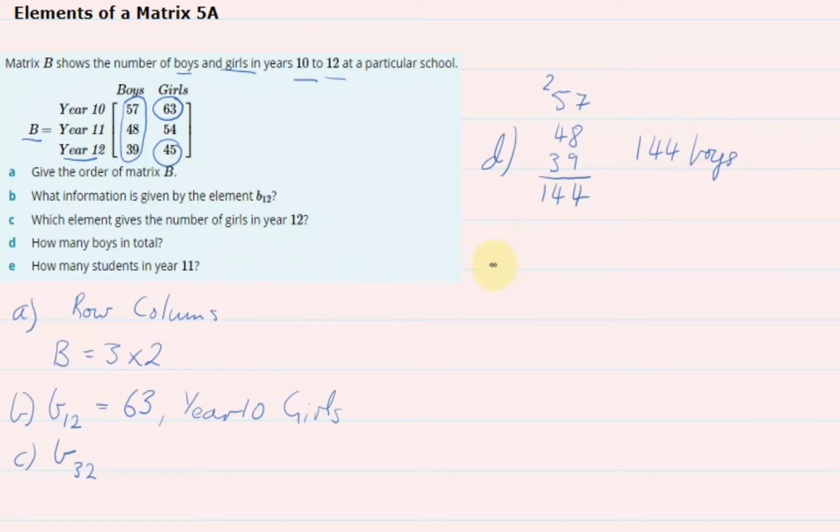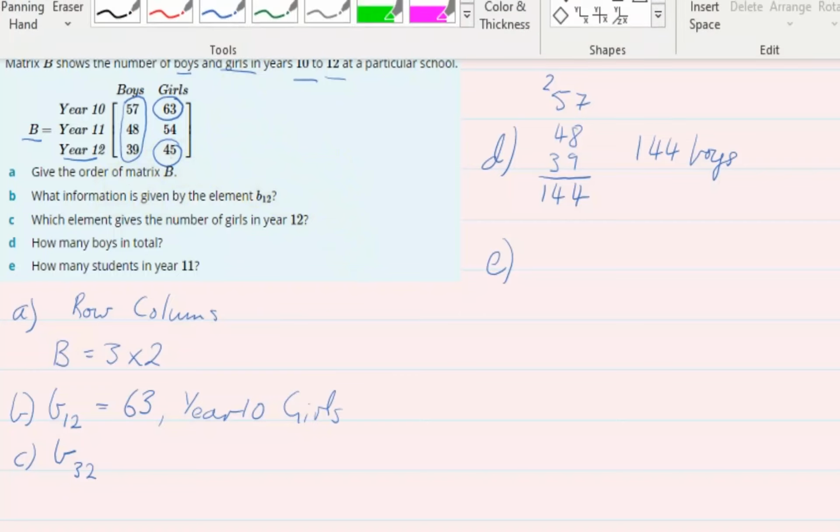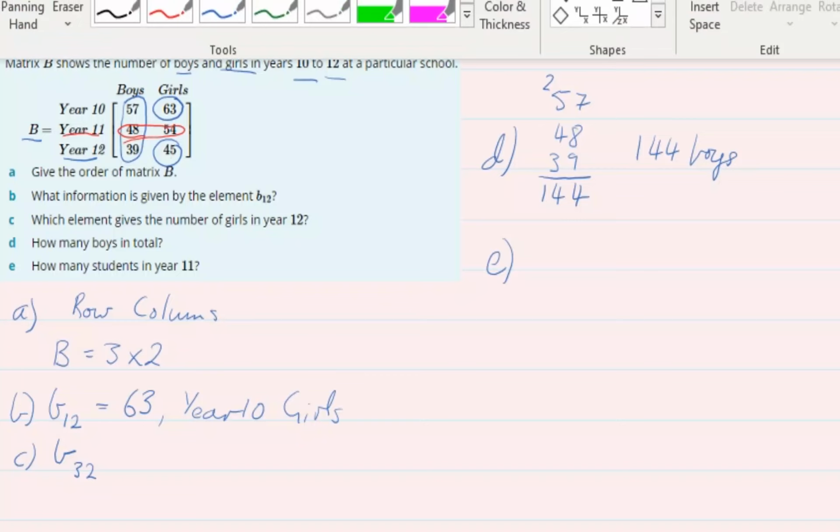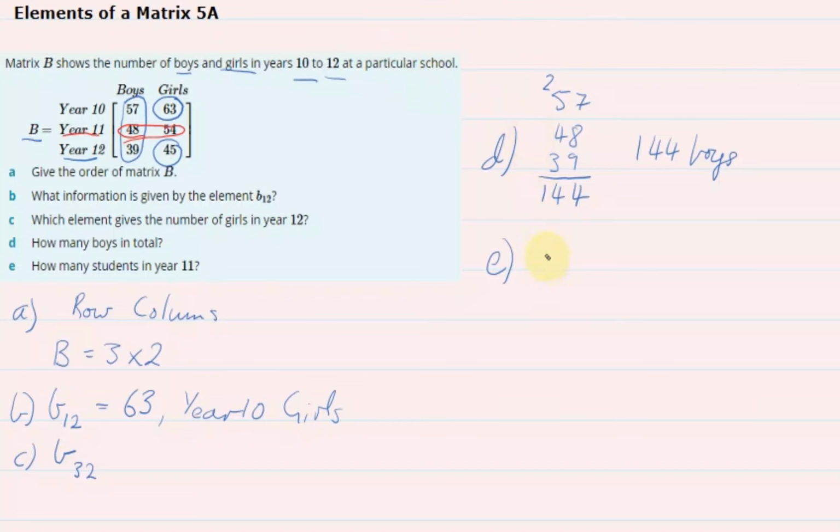And the last part, part E, is how many students are there in year 11? I'll change my color for this one. For year 11, we can see that that's row 2. So year 11 is just there. Year 11 is made up of 48 plus 54.